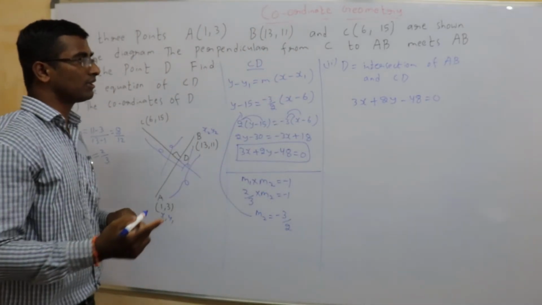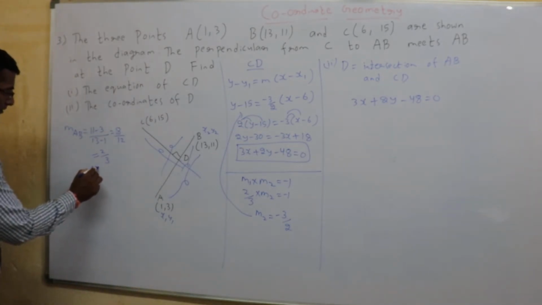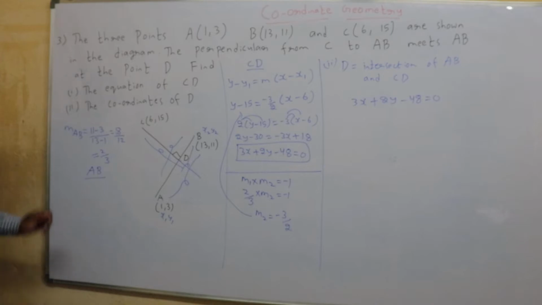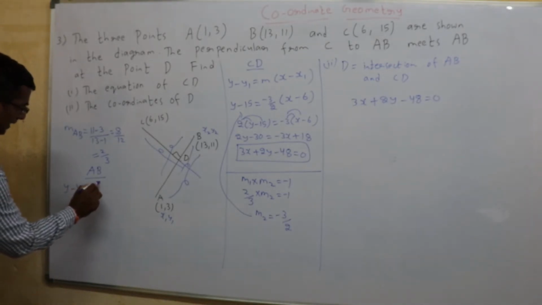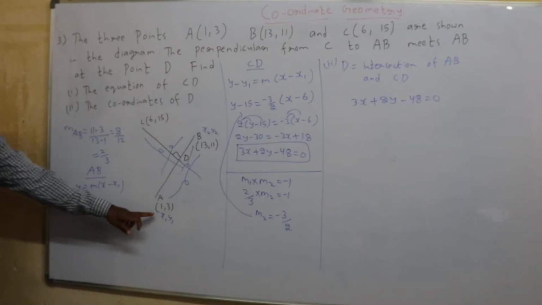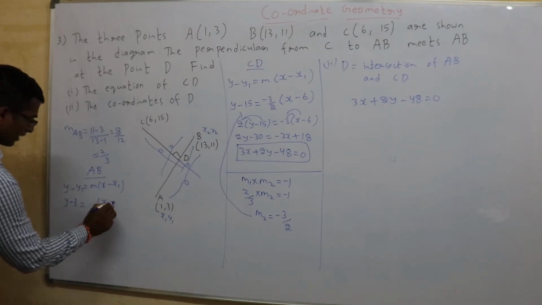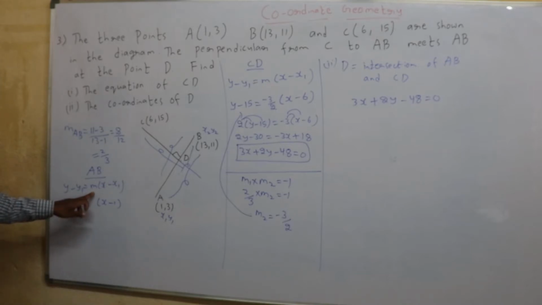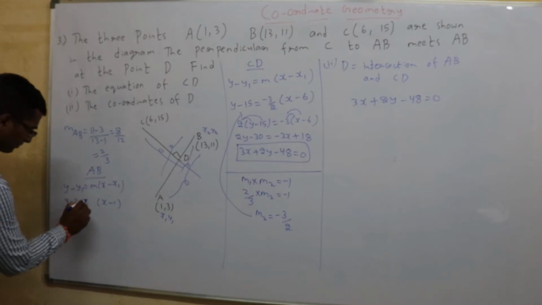What is the equation of AB I need to find? Equation of AB formula is y minus y1 equal to m times of x minus x1. So x1, y1 are 1 comma 3. So it is y minus 3 equal to m times of x minus 1. What is the slope of the AB line? Here we found before 2 by 3.